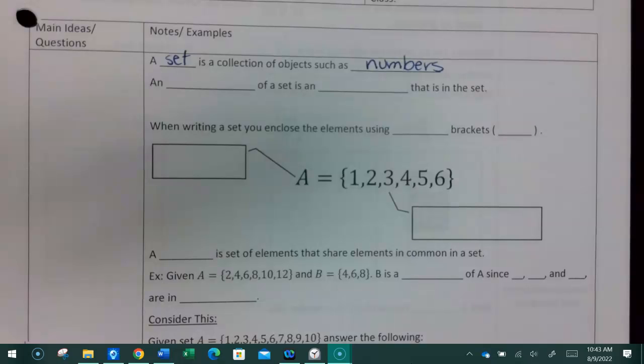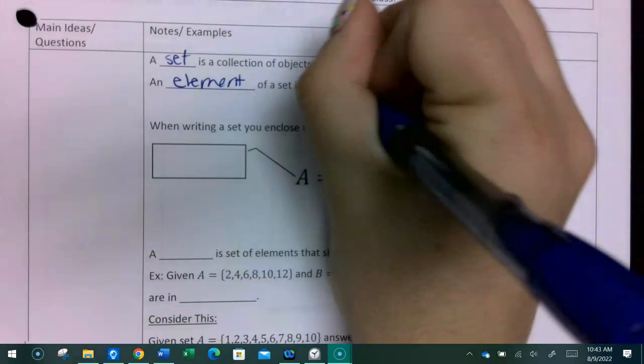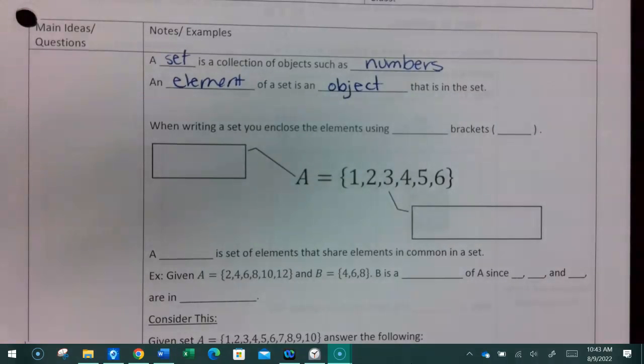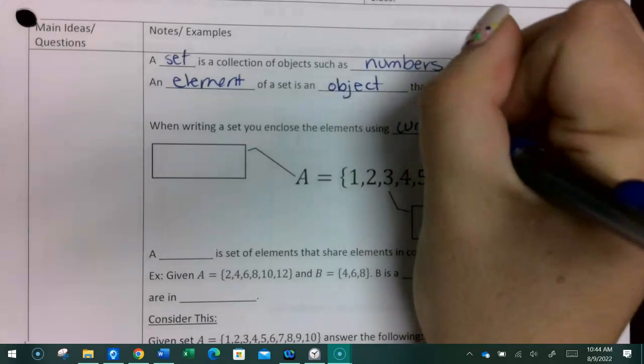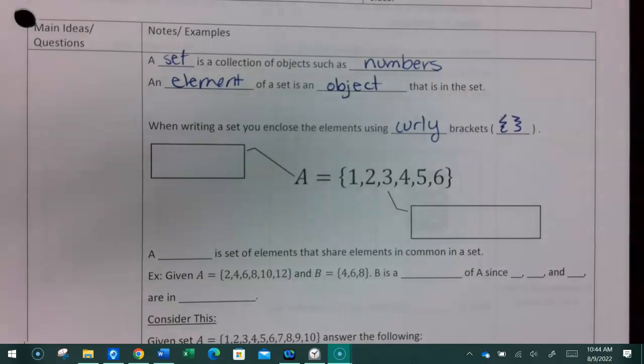Okay. An element of a set is an object that's inside of it. So when we're writing a set, we enclose the elements using a curly bracket. And they look like that.